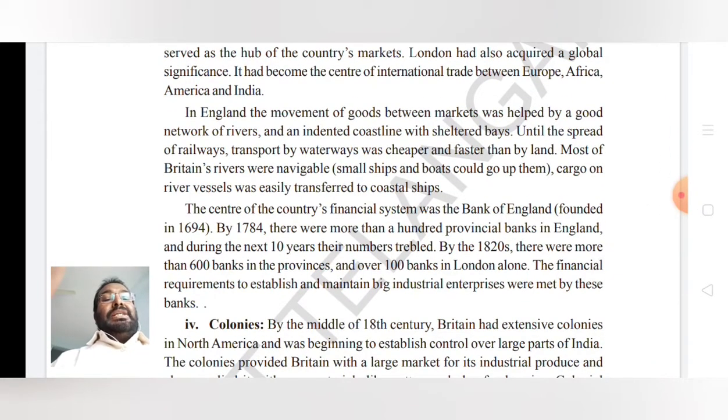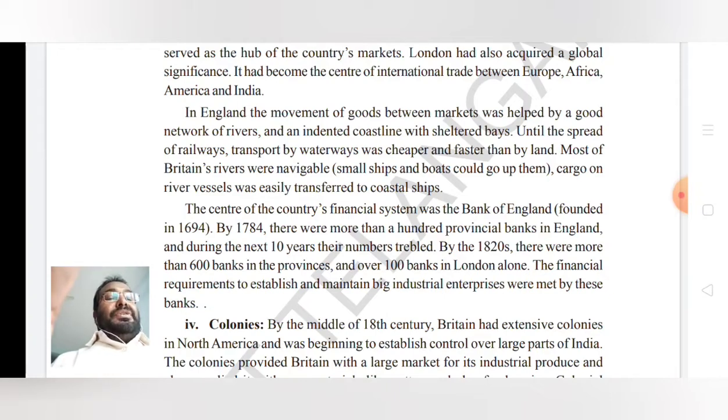Then the center of the country's financial system was the Bank of England, which was started in the year 1694. By 1784, there were more than 100 provincial banks in England. During the next 10 years, their number trebled.